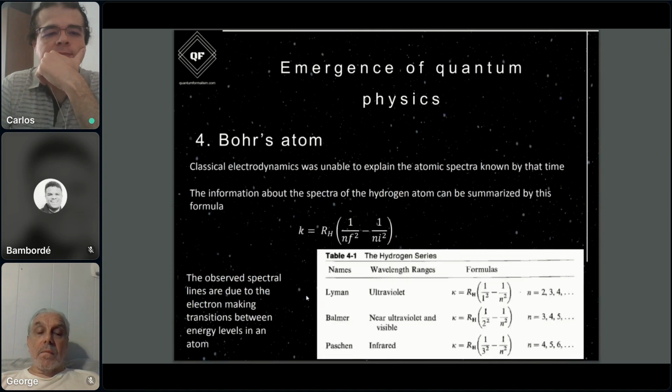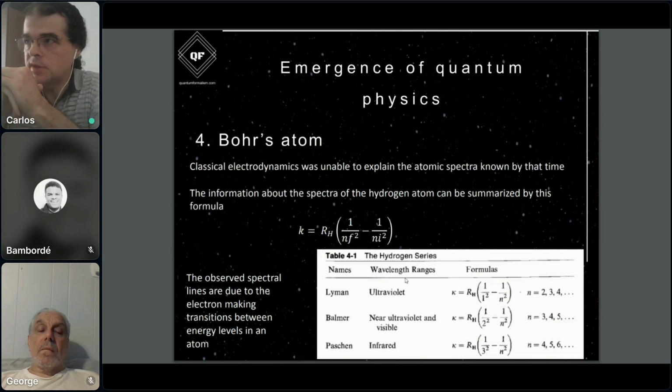Another thing is that classical electrodynamics was also unable to explain the seemingly quantized behavior of the atomic spectra. The case I'm showing here is for the hydrogen atom, which people evaluated at the end of the 19th century.